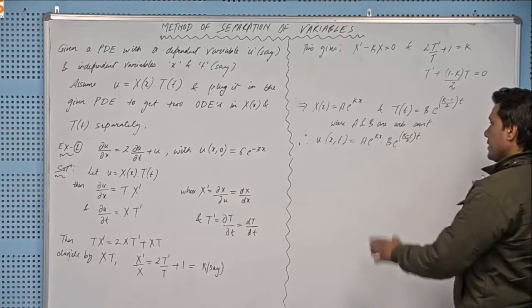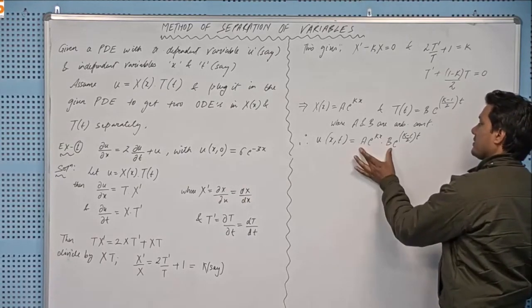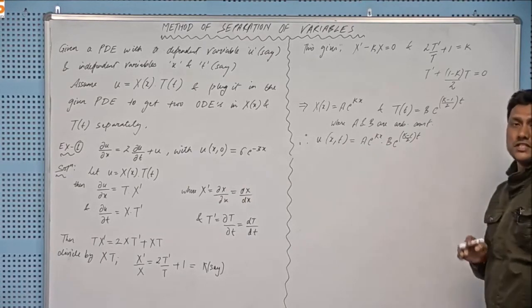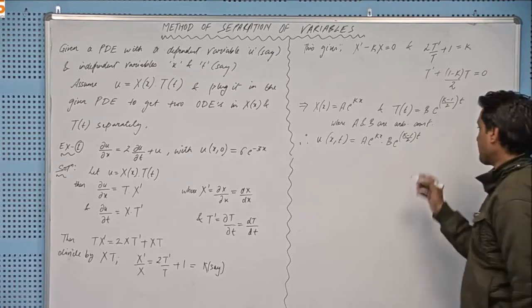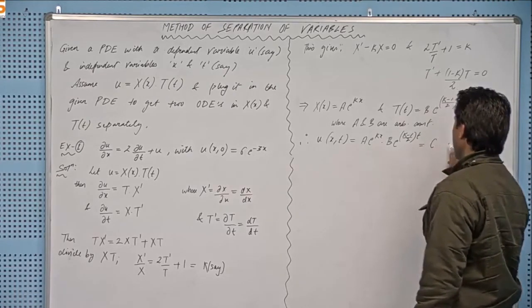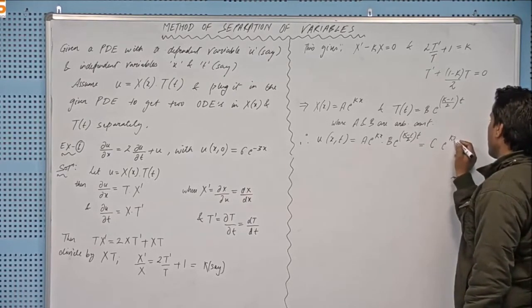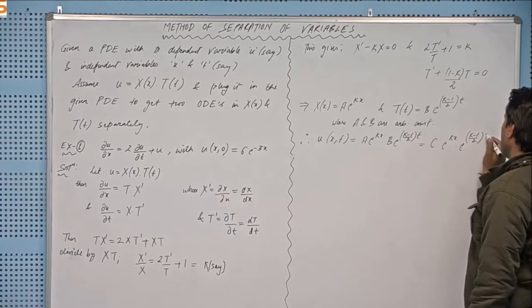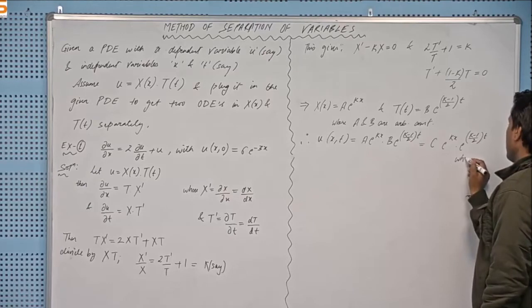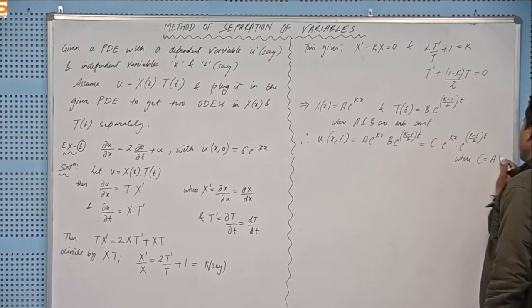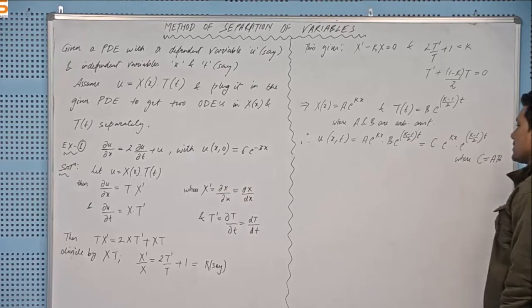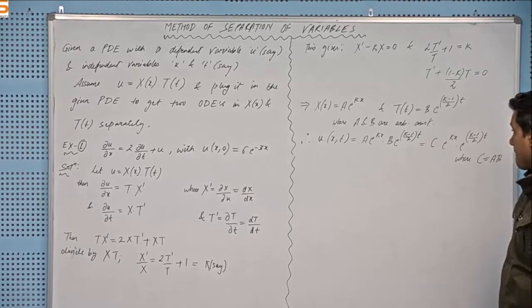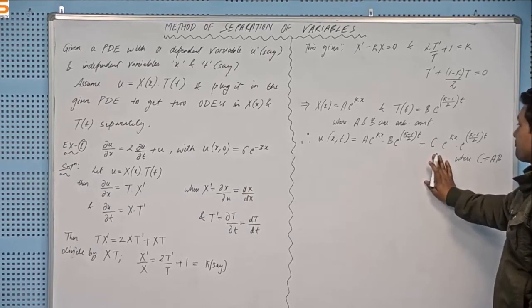And see that A is a constant, B is a constant, multiplying two constants will produce another constant, that will be capital C. Let me write it: capital C e to the power kx e to the power (k minus 1 by 2) t, where C is a new constant, the product of the two previous constants A and B. Okay, so this is my solution.